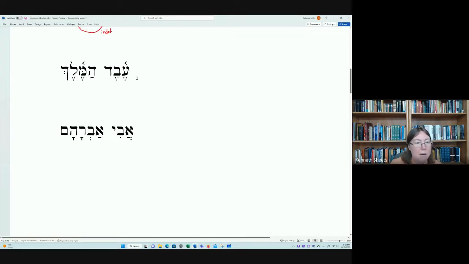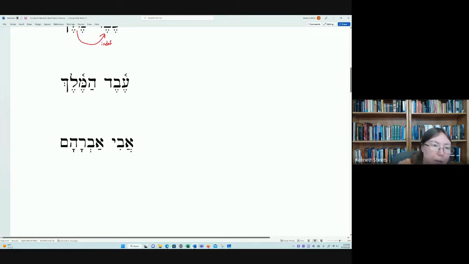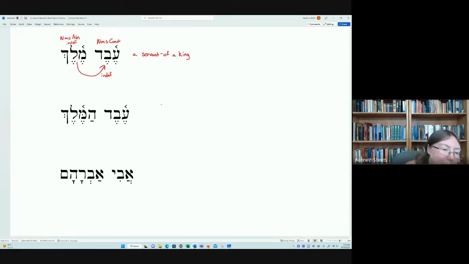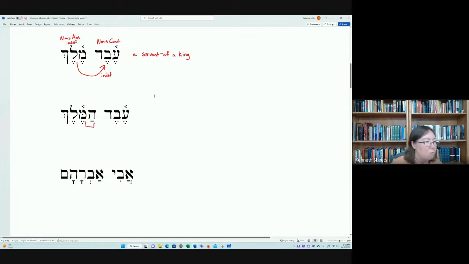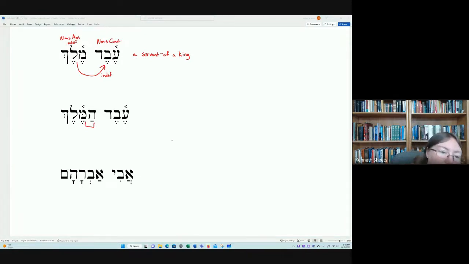But then we have here, eved ha'melek. So the same words as up above, but we've got hey with a patach followed by a dagesh forte, which means then that eved, a noun, masculine, singular construct again, ha'melek, a noun, masculine, singular, absolute, but it has the article, so it is definite, which in turn means that it makes eved also definite.